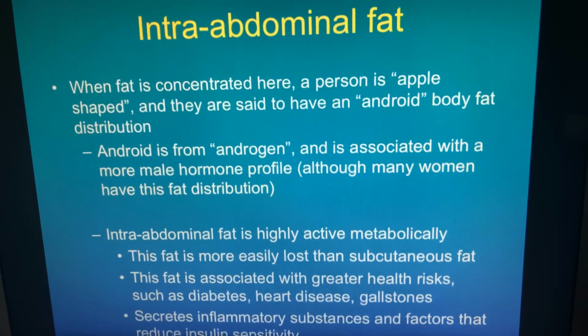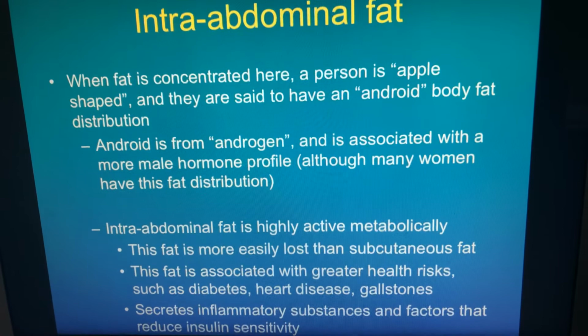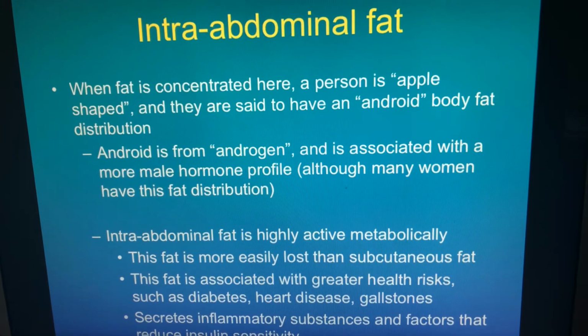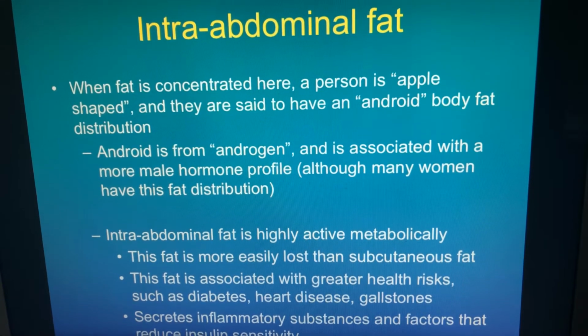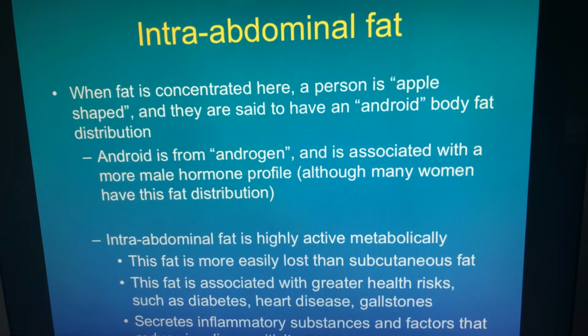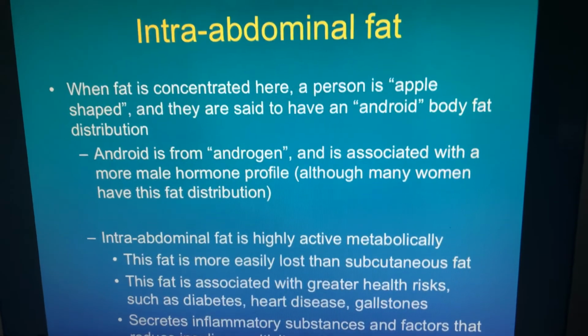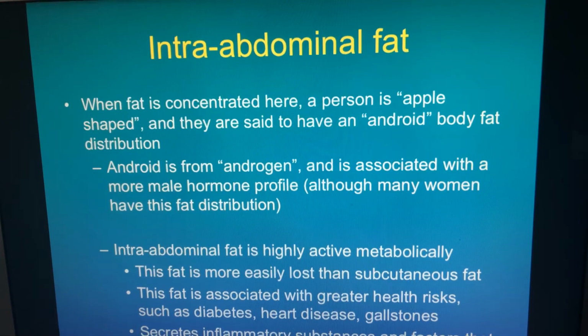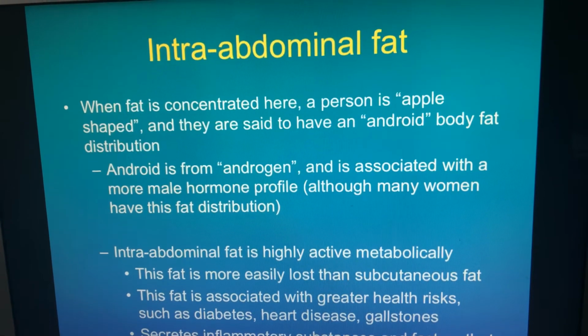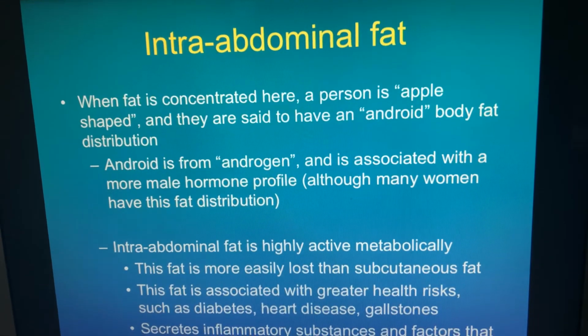People who have type 2 diabetes tend to have that increased intra-abdominal fat, and people with type 2 diabetes actually do have a more difficult time losing weight than people without diabetes. The intra-abdominal fat is associated with increased health risks, including type 2 diabetes, heart disease, and gallstones.